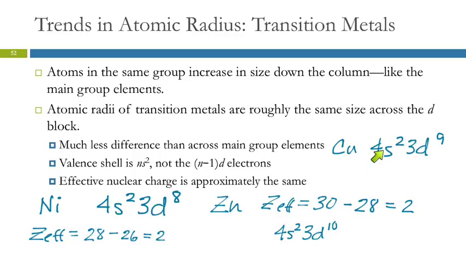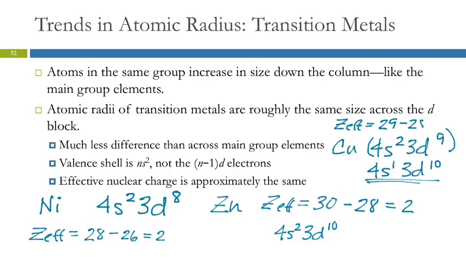If you move one of these electrons up here, then it's more stable. And so it actually is 4s1, 3d10. That's what we expect, but this is what it actually is. So copper has 29 protons, 29 electrons. How many valence electrons? 1. So it's got 28 core electrons, and so its effective nuclear charge is 1.